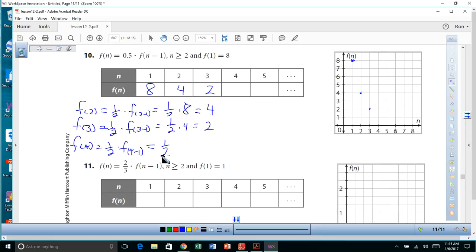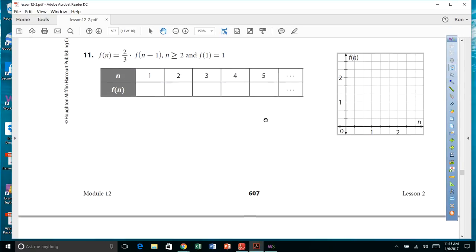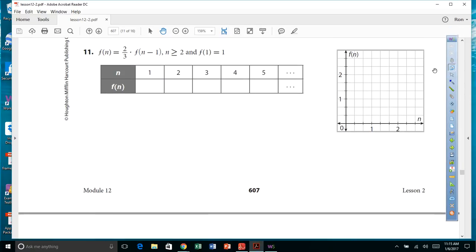So 1/2 times f of 3, which is 2. So 1/2 times 2 is 1. Okay. And if you hadn't figured out the pattern, the next one would be 1/2. So 4 is 1. 5 is 1/2. All right. Not too shabby. Number 11.